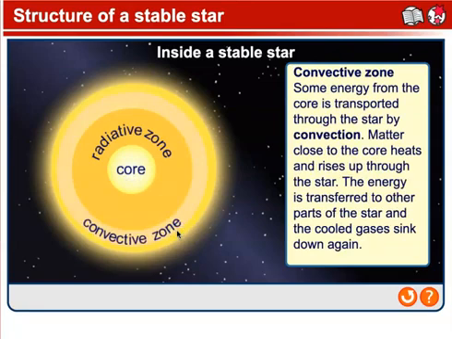The convective zone. Some energy from the core is transported through the star by convection. Matter close to the core heats and rises up through the star. The energy is transferred to other parts of the star, and the cooled gases sink down again.